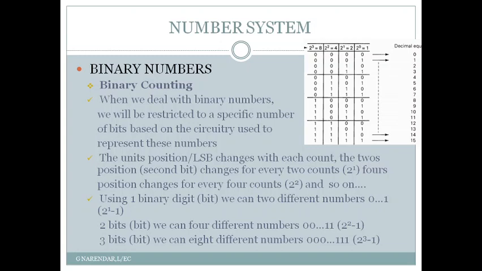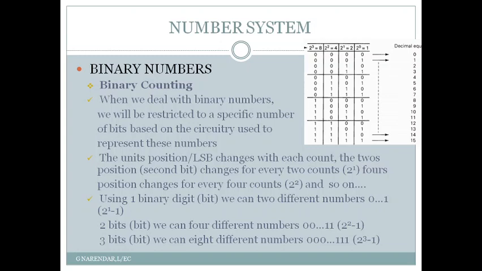Though it has the same meaning, we have to represent it with the number of bits as specified by the circuitry. So here we assume that our circuitry requires 4 bits, and in the diagram you can see that we have used 4 zeros to show the first count 0.